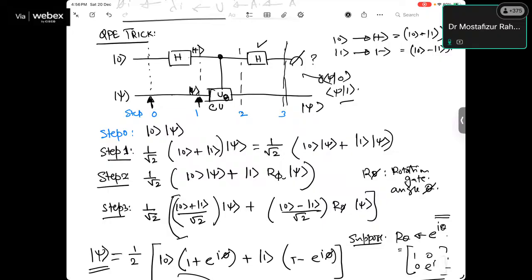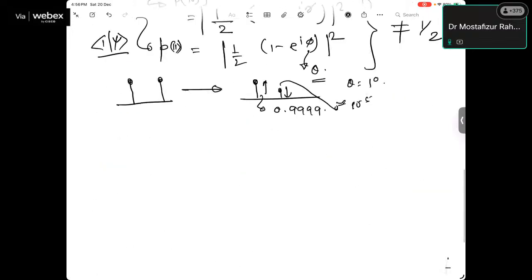Superposition, I created the superposition with Hadamard, and now I create the interference, controlled interference, right? Or sometimes when you break this big CU gate, you will see some of the interference is done by entanglement, some using certain simple rotation gates, right? Physicists may disagree, okay, but computationally, that's what we do, okay.